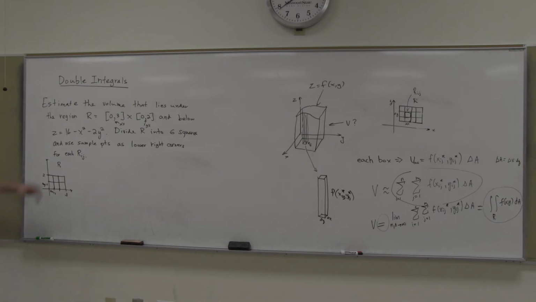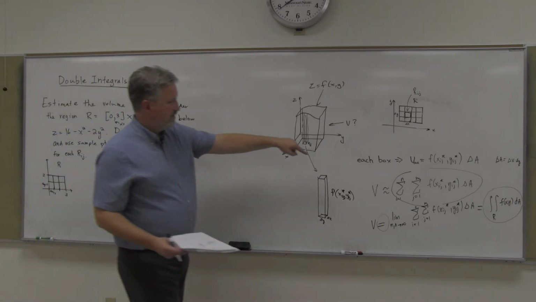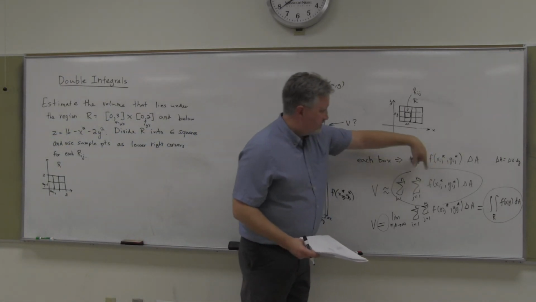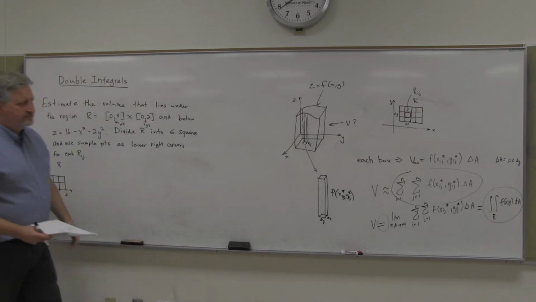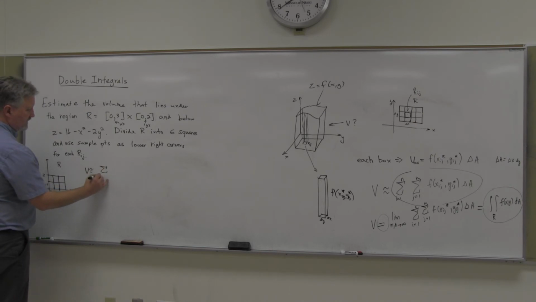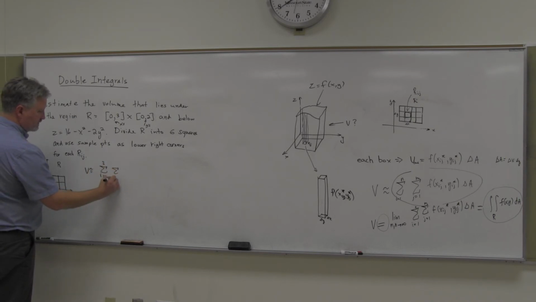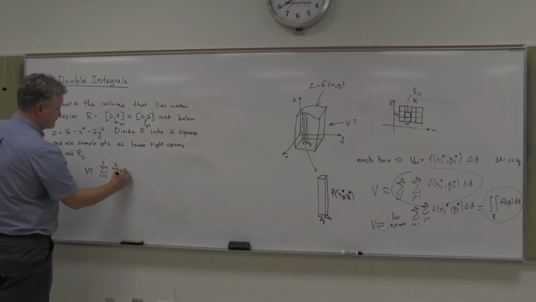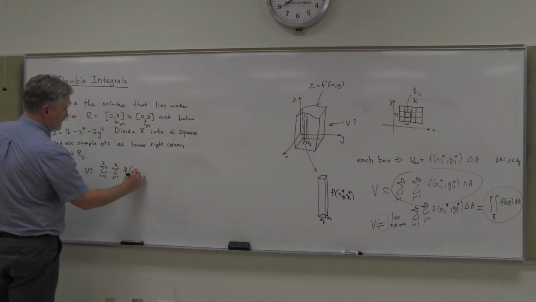All right, so estimate the volume. So our volume is going to be approximately the double sum there. In this case, the i's for the x's are running 1 to 3, and the j's are running 1 to 2.